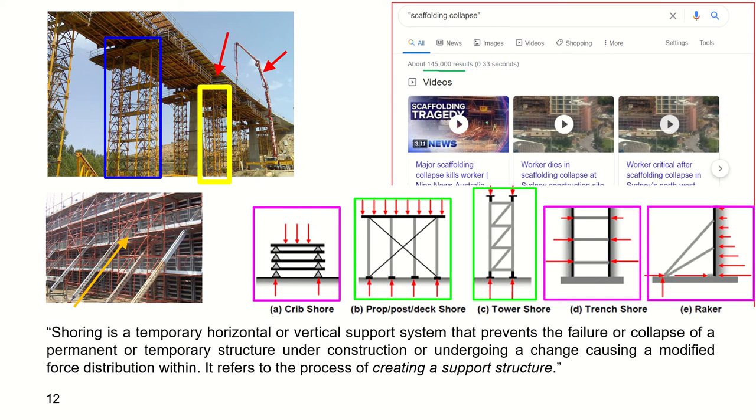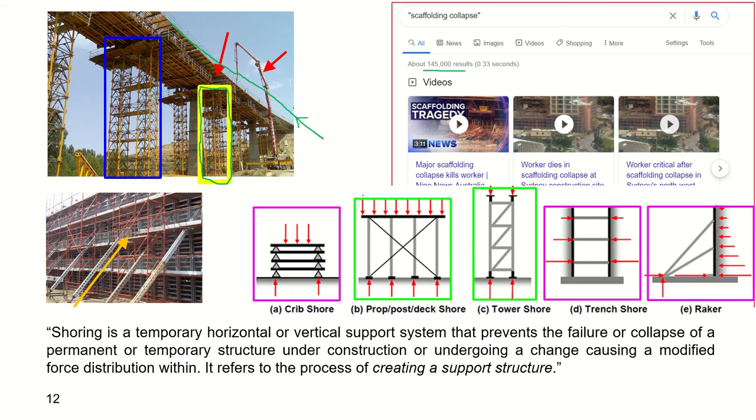For example, here you can see the shoring system is going to support the bridge. The main bridge is going to be here, and you can see there is a concrete pump here and many workers working at the top level. So the shoring system here is going to support the main bridge under construction.